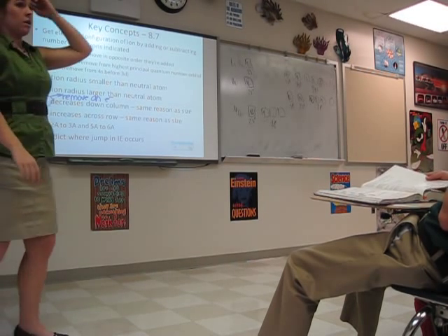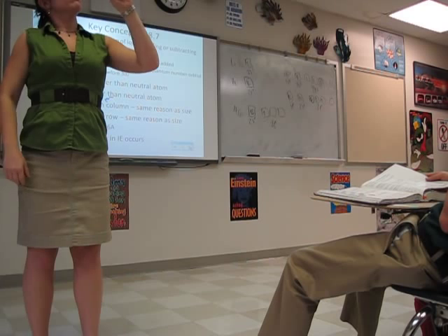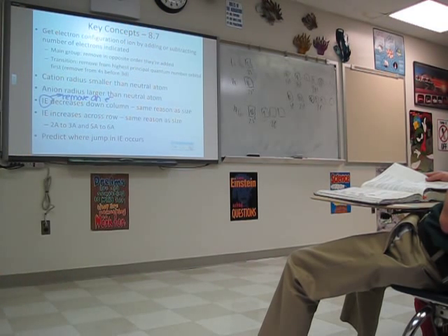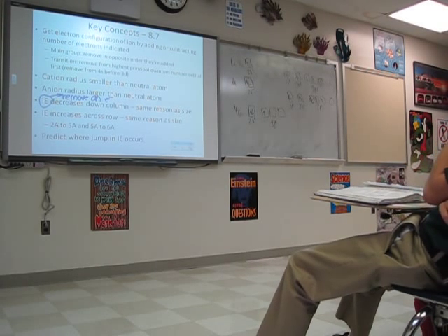So first ionization energy, losing 1 electron, right? I put energy into sodium, it's lost 1 electron, and now it's like neon, because it now has 10 electrons like neon does. 10 electrons is very stable. They all want to be like noble gases. It's 8 valence electrons, 10 in this case because neon has 10.